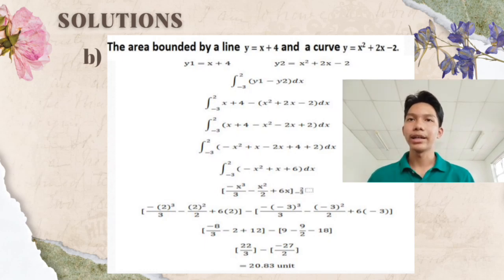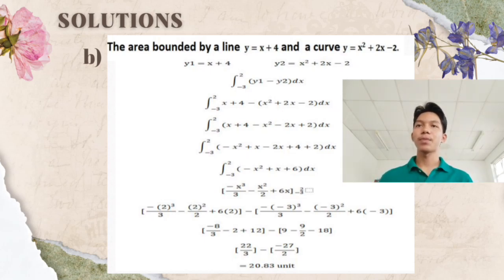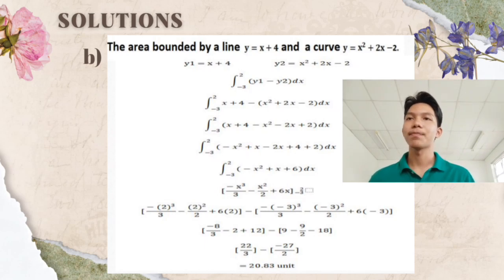And integrate, we can get integrate from negative 3 to 2 bracket negative x to the power of 2 plus x minus 2x plus 4 plus 2 bracket dx. And we can get integrate from negative 3 to 2 bracket negative x to the power of 2 plus x plus 6 bracket dx.